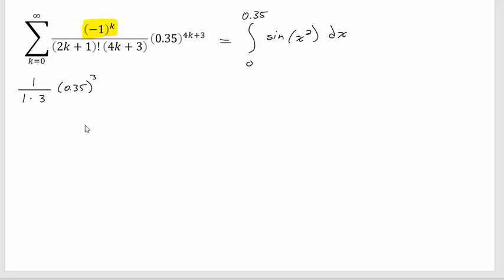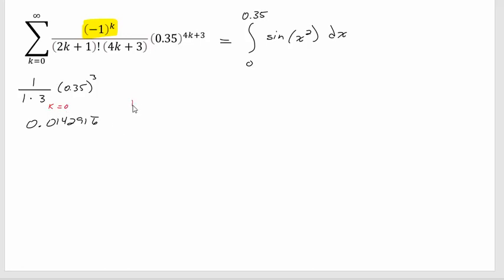So let's work that out. 1 divided by 3 times 0.35 to the 3rd power is 0.01429, and it looks like 6 repeating. All right, so this was when k equals 0.